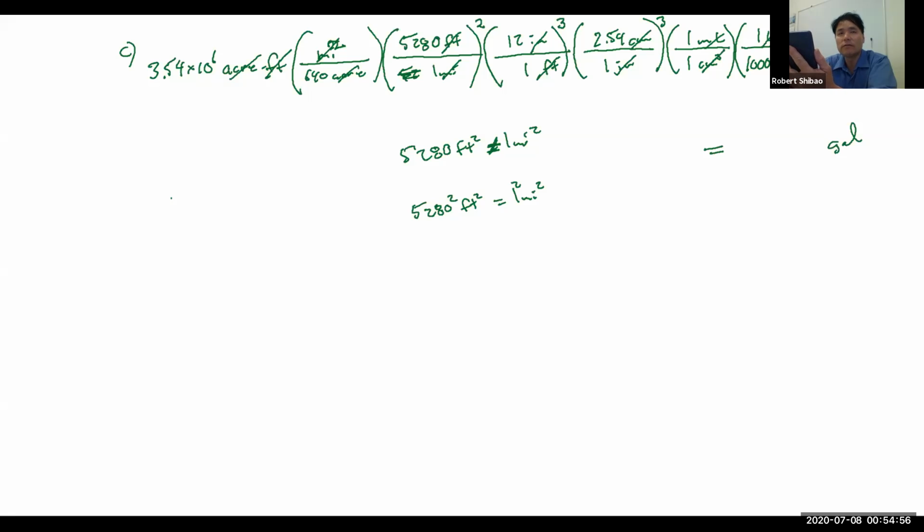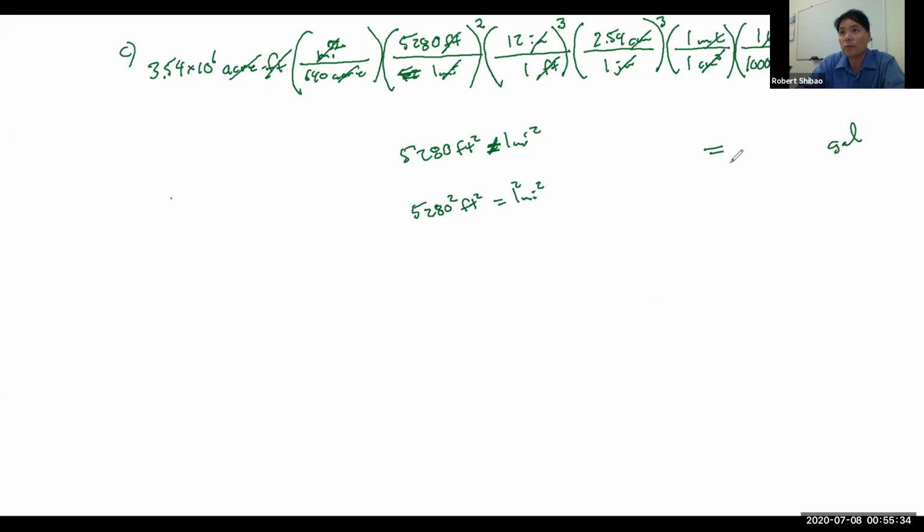So let's go 3.54 times 10 to the 6 divided by 640 times 5,280 squared. Okay, 5,280 squared, I'm going to set equals here, times 12 cubed equals times 2.54 cubed equals divided by 1,000 divided by 3.785.